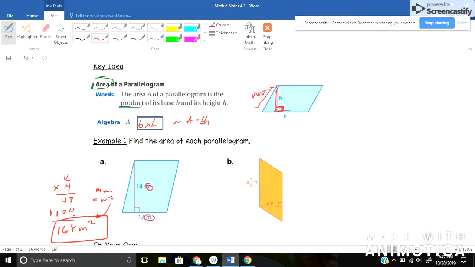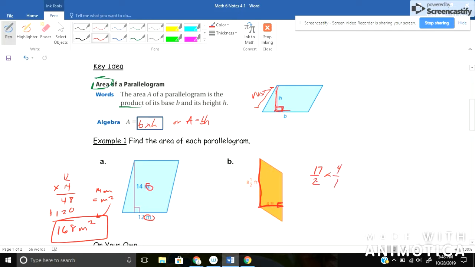The next one is similar, now it's just turned. So this is technically my base, and I need to multiply that by my height. Here's the 90-degree angle that's formed. So I take 8.5 times 4. If you remember how to multiply fractions, we can make this into an improper fraction. 8 times 2 is 16, plus 1 is 17 halves, times 4 over 1.